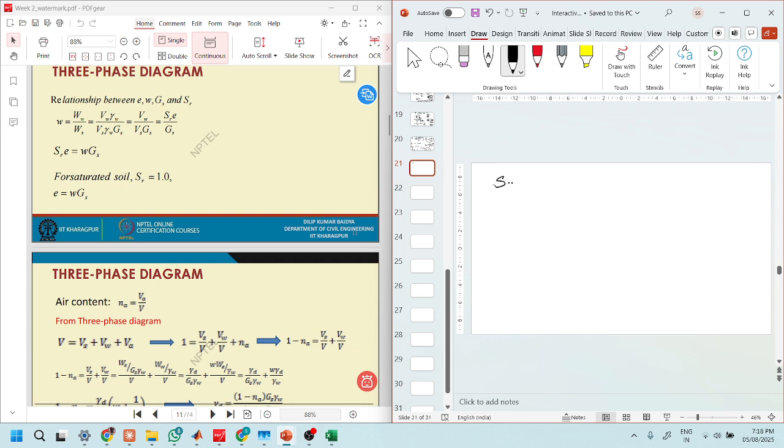S times e is equal to w times Gs. So what this is doing is basically relating the volumetric and the gravimetric parts.